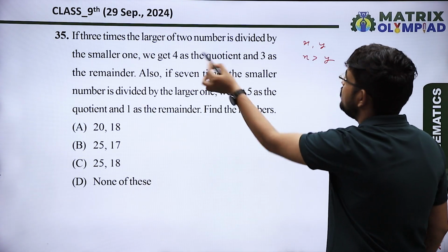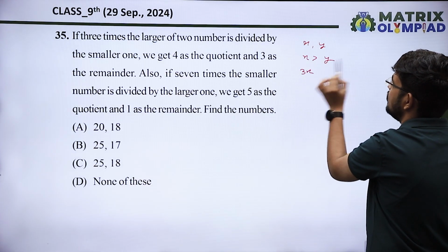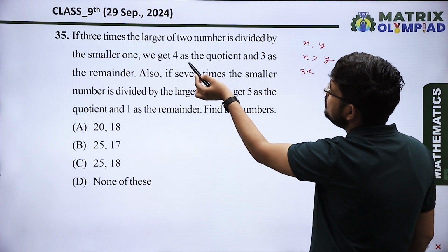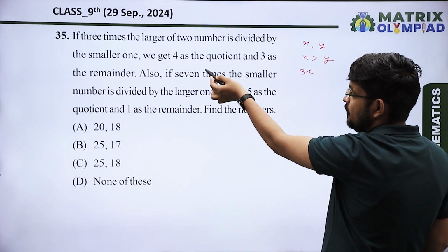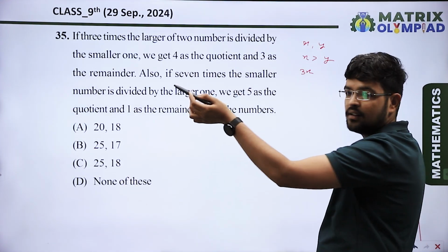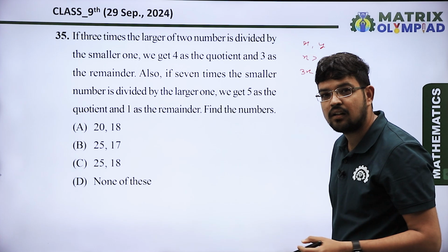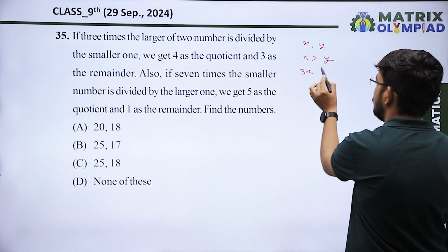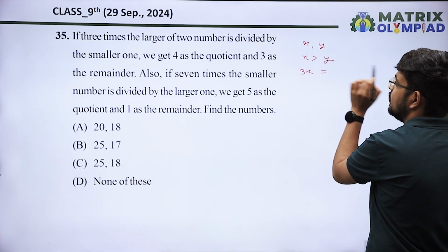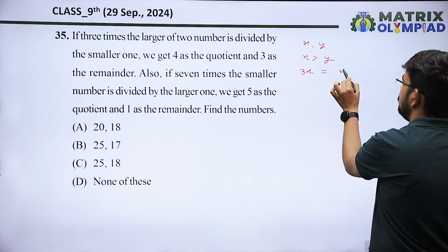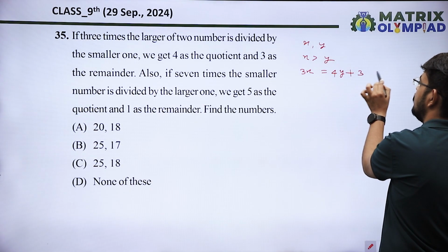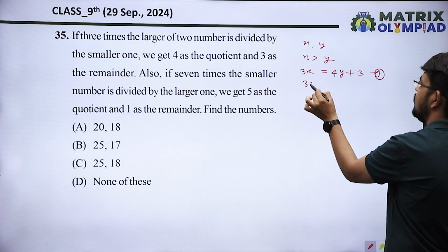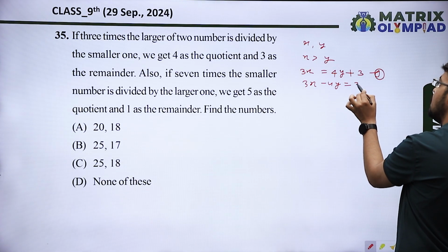So 3 times the larger number is divided by the smaller one, we get 4 as quotient and 3 as the remainder. According to the division algorithm, dividend equals divisor multiplied by quotient plus remainder. It is equation 1. So it will be 3x minus 4y equals 3.